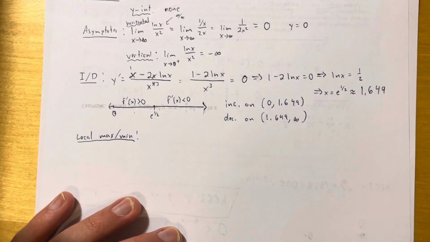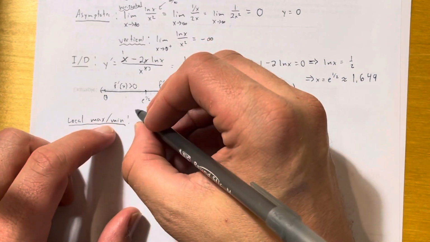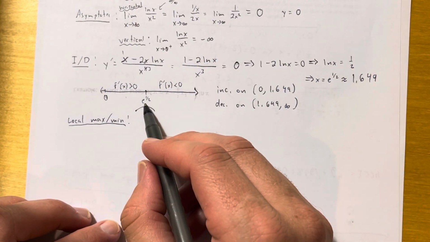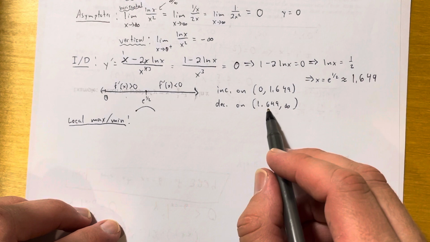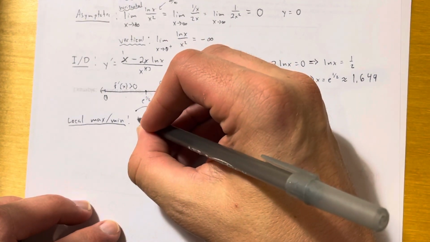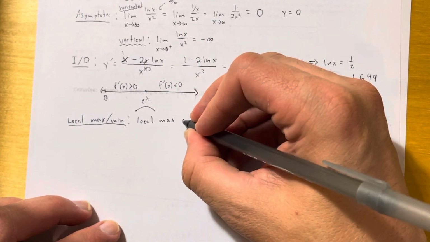Okay, now for my local max and min. Once again, I use my first derivative test. I only had one critical number, and we go from increasing to decreasing, so it's something like that. So this value here, e to the 1/2, or 1.649, is going to be where my local maximum occurs. I'm going to say local max of.